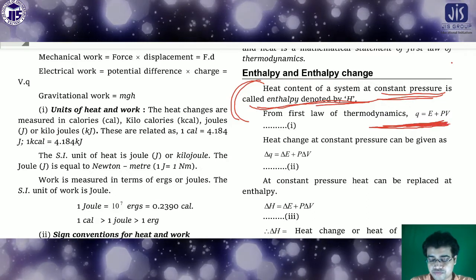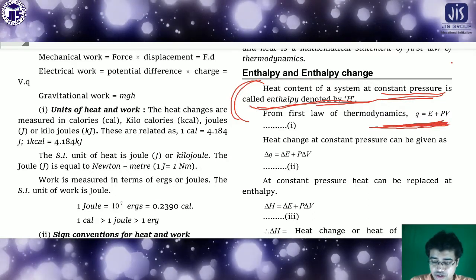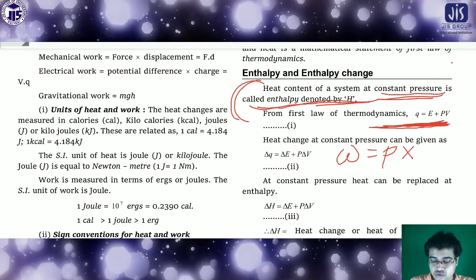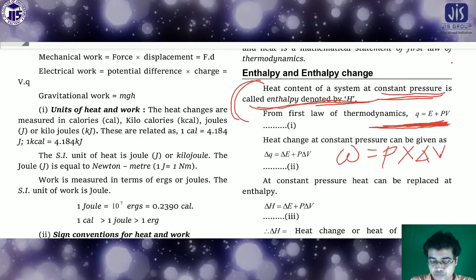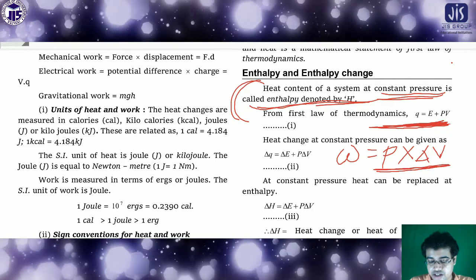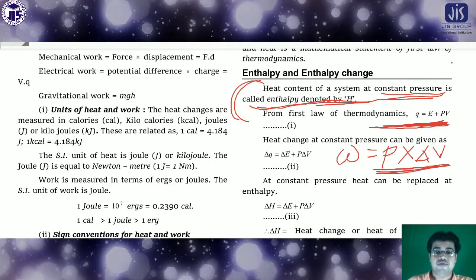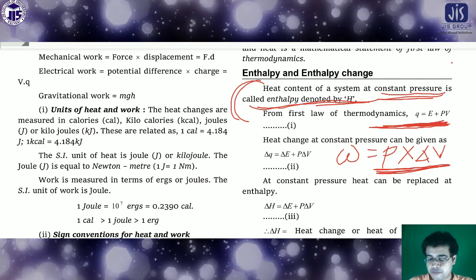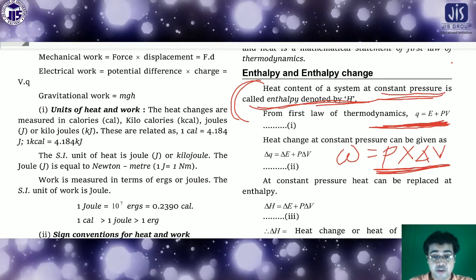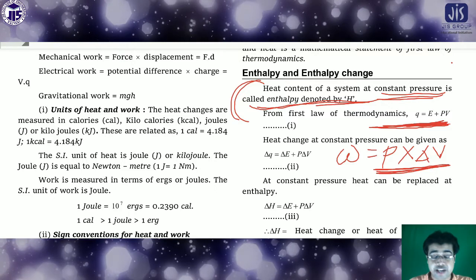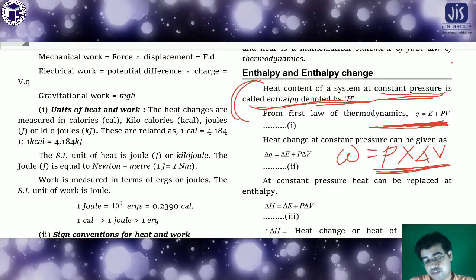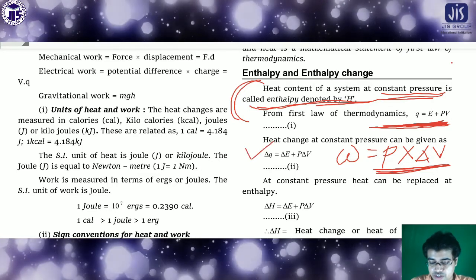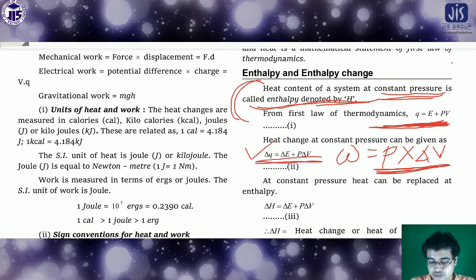Because W actually equals pressure into change of volume: the pressure you apply on the system, and the change of volume due to applying this pressure. So P into delta V is the expression of the work done. Then we can write delta Q equals delta E plus P delta V.